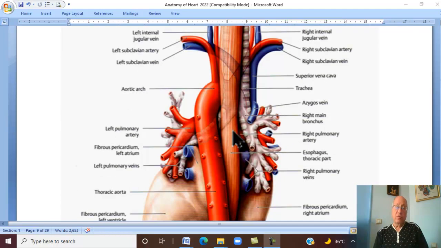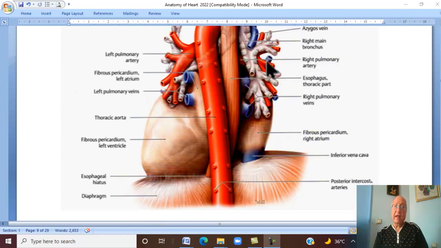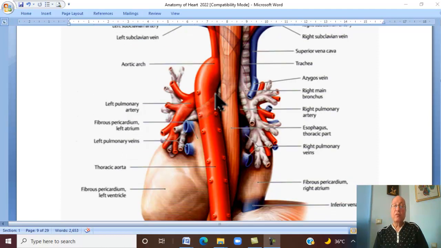Before we take the apex, this is a very perfect view for the base of the heart and the posterior mediastinum from behind. We remove the vertebral column, the middle four thoracic vertebrae, and we see from behind the aorta, esophagus, and in front of these structures is the pericardium and the base of the heart.